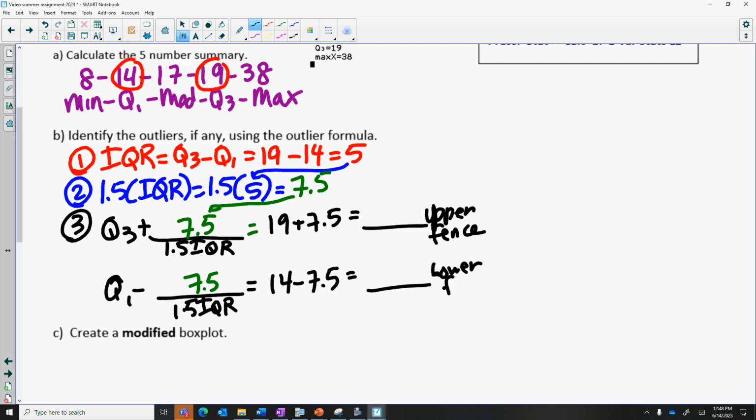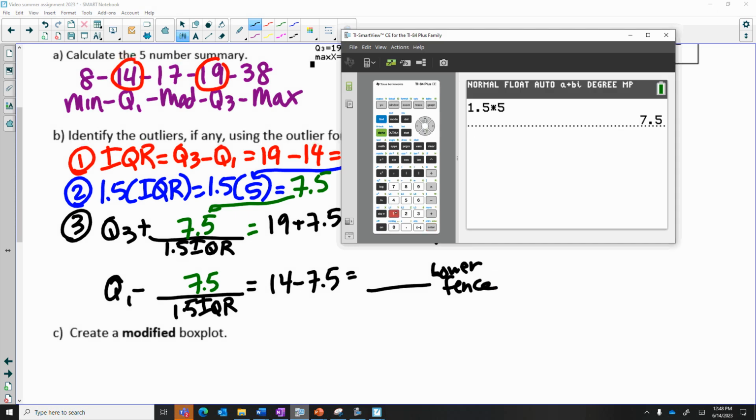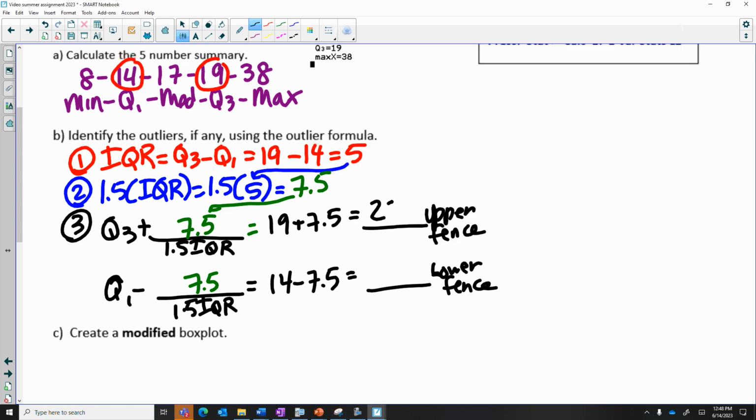Okay, so let's do this now and see what we get. 19 plus 7.5 and 14 minus 7.5. So my upper cutoff was 26.5 and my lower cutoff was 6.5. Okay, so now we got to go back to the question to see, are there any outliers?